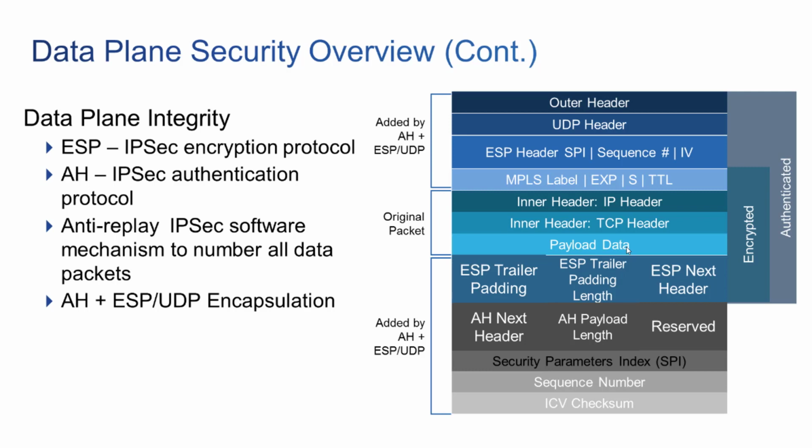What we're seeing on this particular diagram is a representation of everything applied: AH plus ESP plus our UDP headers. Now if I just did no authentication and just did encryption, then this outer light blue box would just simply go away. We would not have any authentication applied, we would only have the encryption applied.